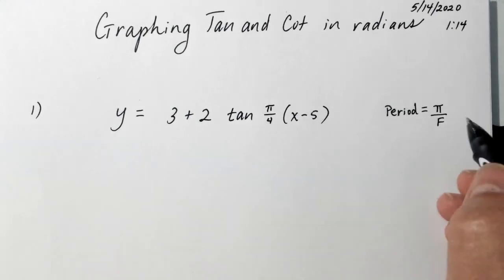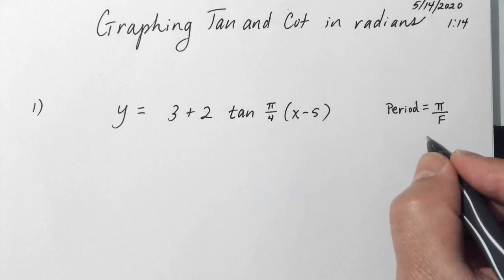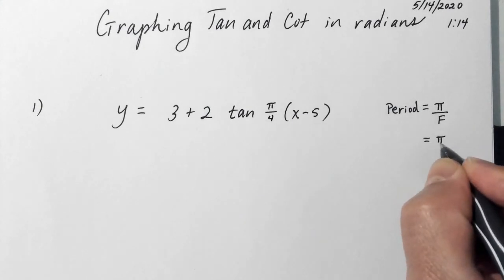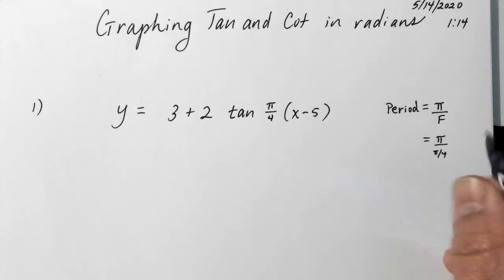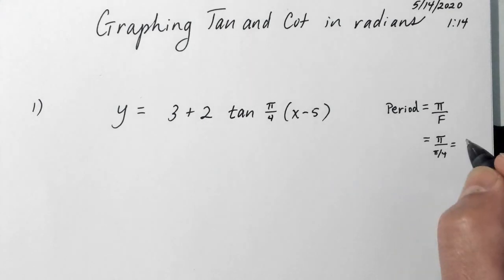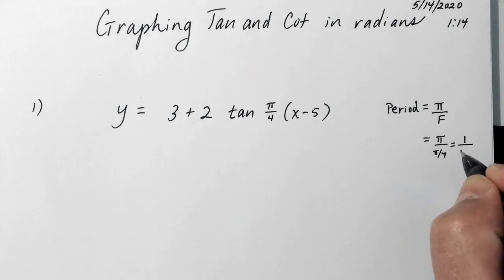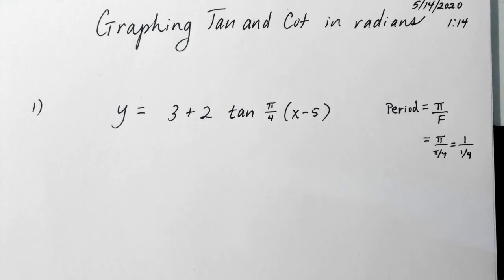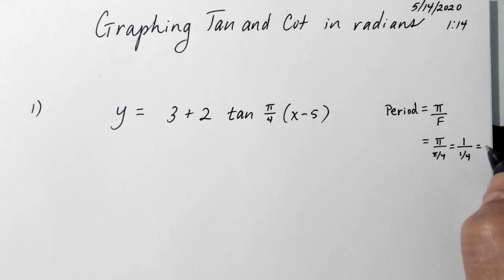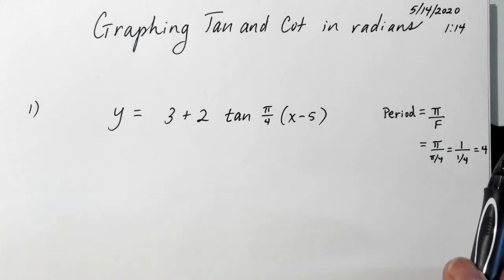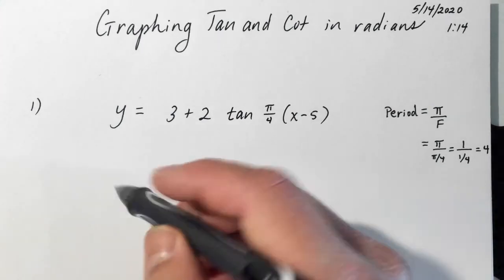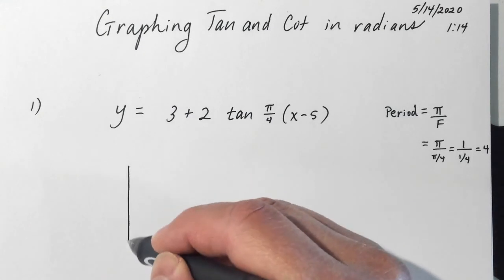I'm out of room, so I'm going to go down. You have pi divided by the frequency, pi fourths. The pi's cancel, so it's really 1 divided by 1/4, which is 4. So the period is 4. That is important.